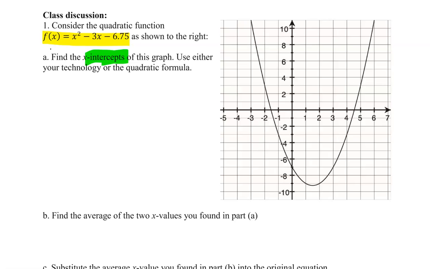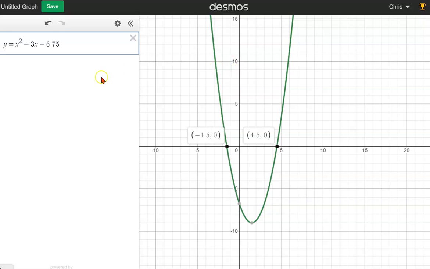X-intercepts are the points on the x-axis. Using decimals, you type the equation x squared minus 3x minus 6.75, and our x-intercepts, the points on the x-axis, are the first point negative 1.50 and the second point 4.50. Now let's go back to our notes.